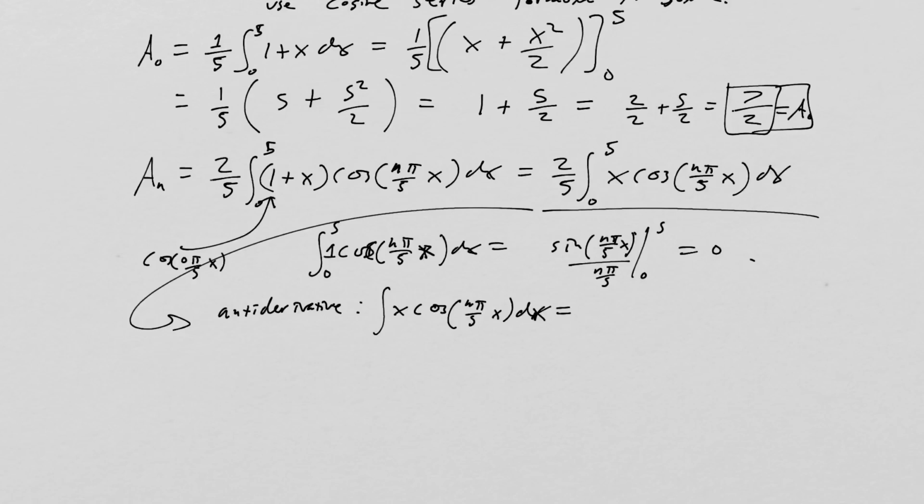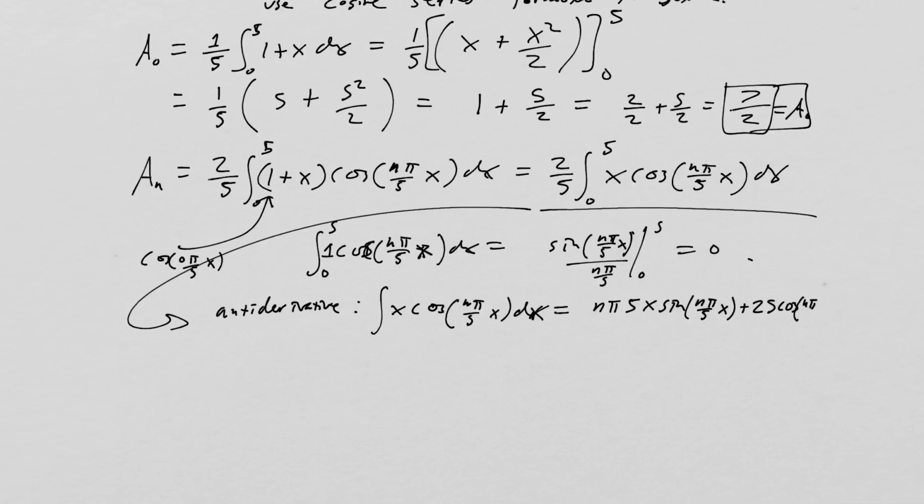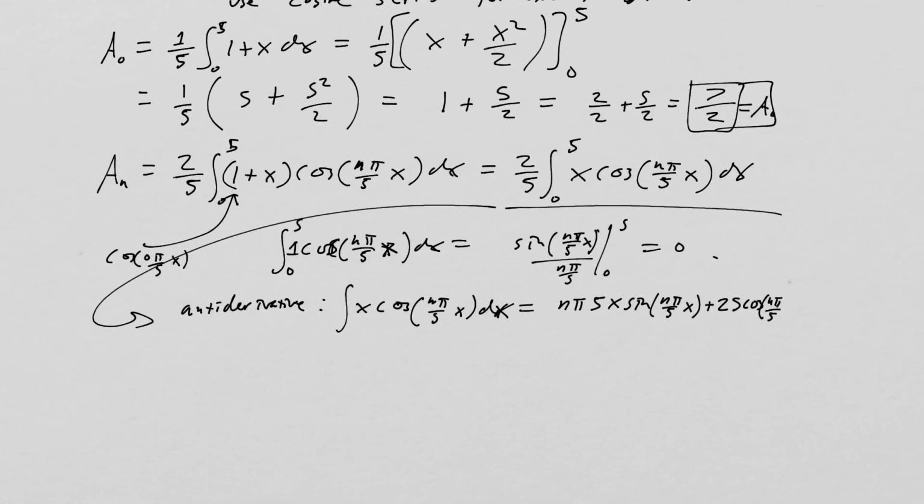That's going to be equal to n pi times 5 times x times sine of n pi over 5 x plus 25, 5 squared basically, times cosine of n pi over 5 x, all over pi squared n squared.